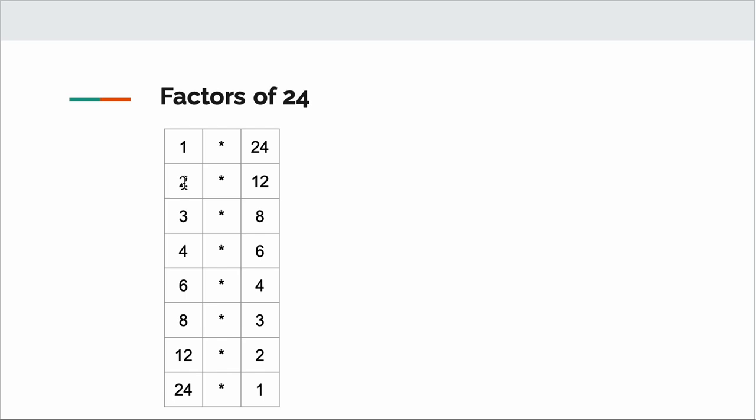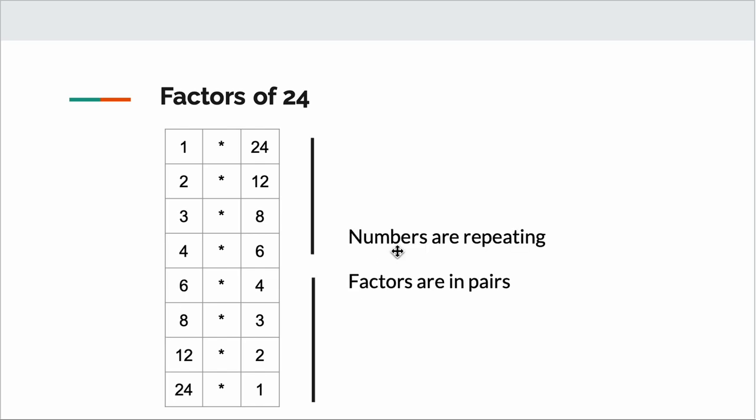Also, it is repeating. See here, we have 1 cross 24, and obviously we have 24 cross 1. As I said, it is just repeating, and the factors are in pairs. These are the two major things we have to know: that these numbers are repeating and the factors are in pairs.